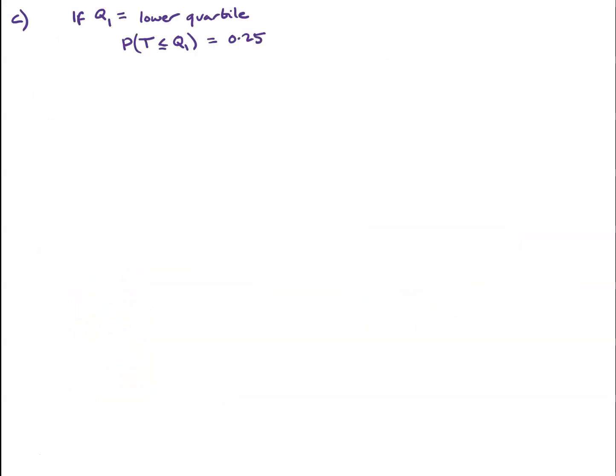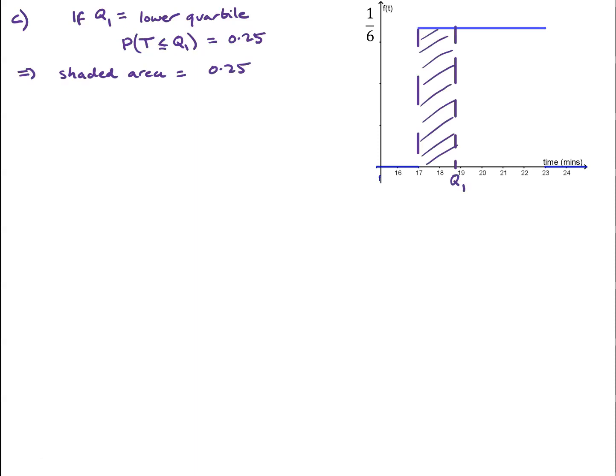If we let Q1 be the lower quartile of the distribution, then we know the probability that T is less than or equal to Q1 is going to be equal to 0.25. In other words, the probability to the left of Q1 must be equal to 0.25. So in this case, we know the area is 0.25.